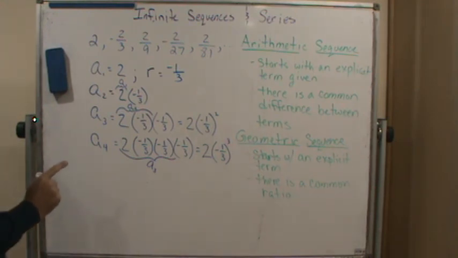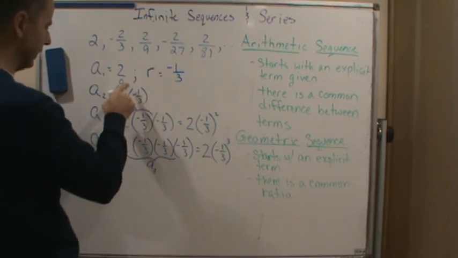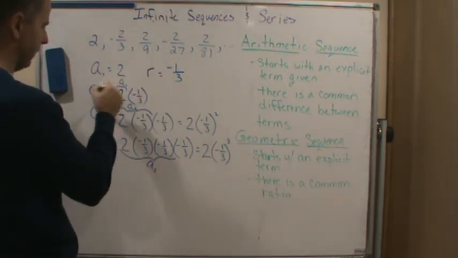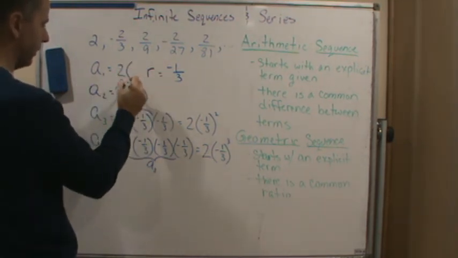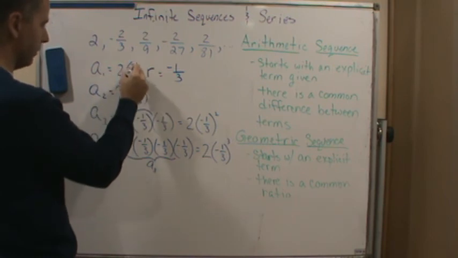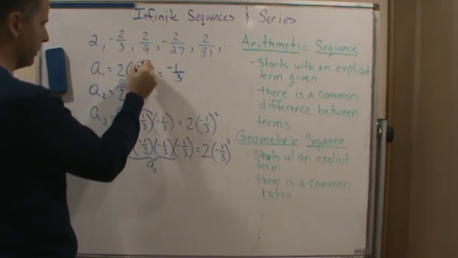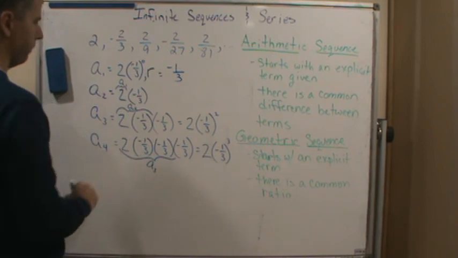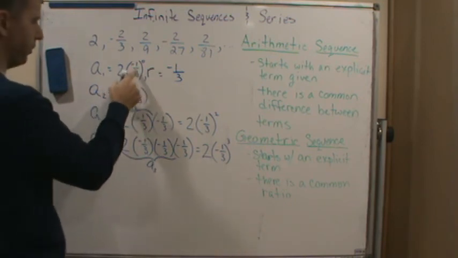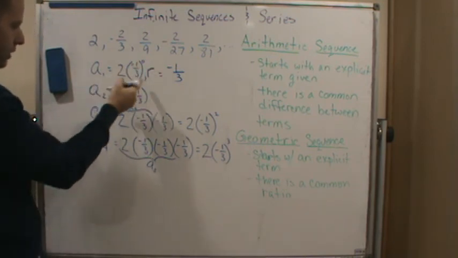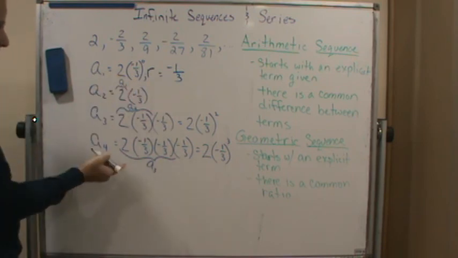Well, we can rewrite this a sub 1 as 2 times negative 1/3 to the 0 power, because negative 1/3 to the 0 power is just 1, and 2 times 1 is 2, so we still get the same thing.